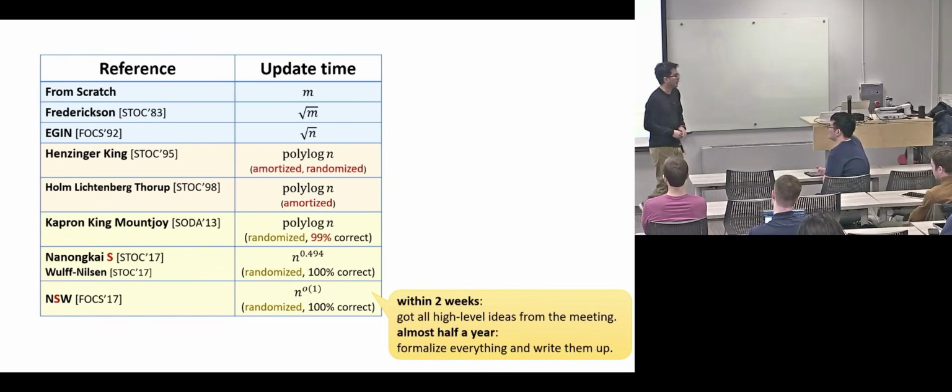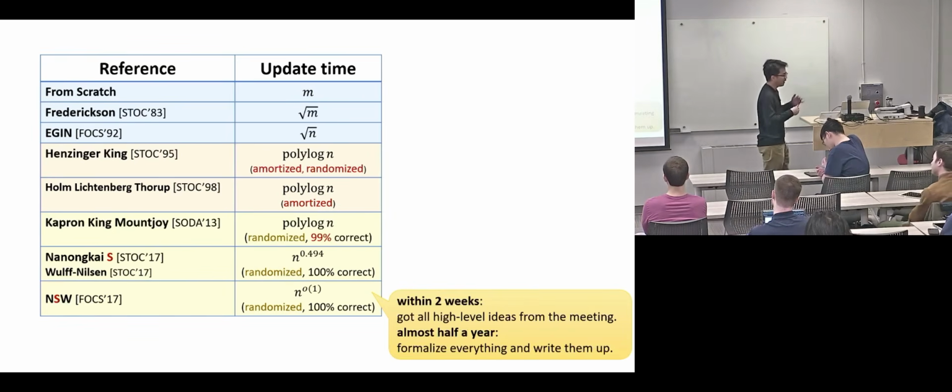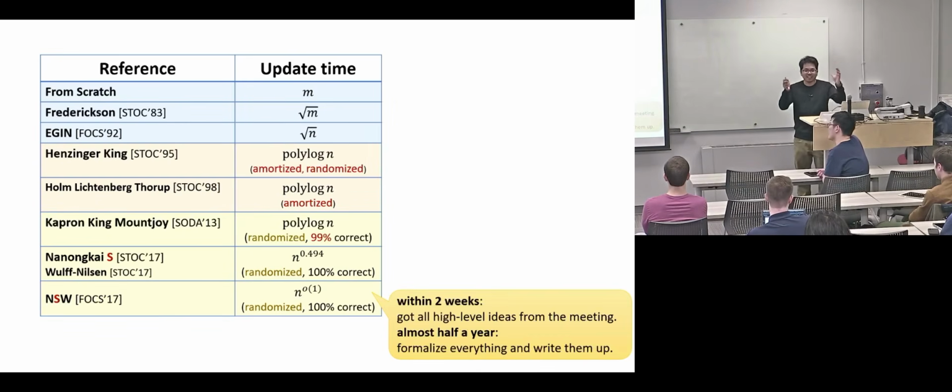So that's a fun thing. Then I spent basically half a year just writing it down. From getting the high level idea correct to writing it down formally can take a long time, but that's how it works.